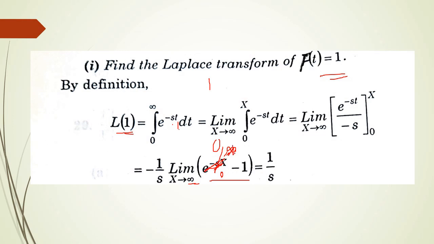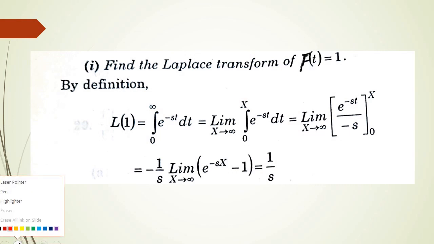0 minus 1, why? Because e to the power of something, as I was saying, here x is infinity, and something to the power of infinity gives us 0, and something to the power of 0 gives us 1.